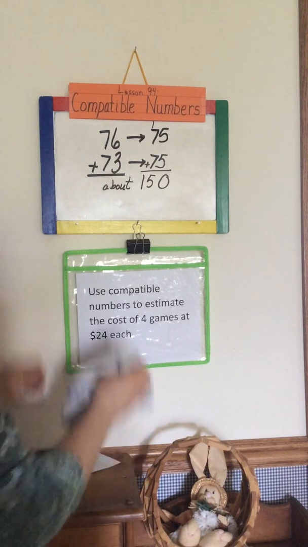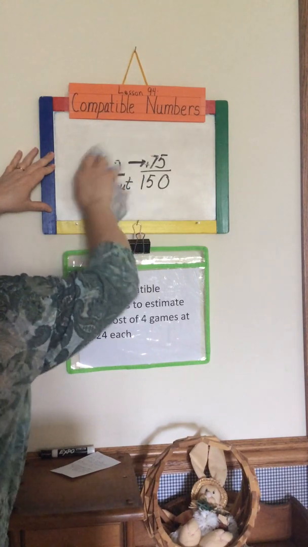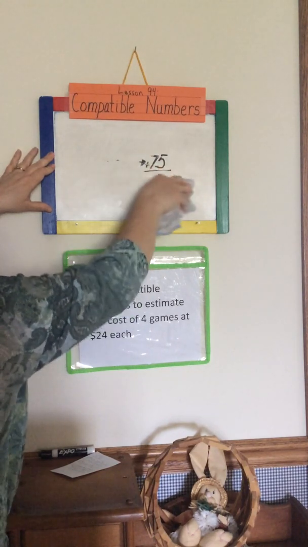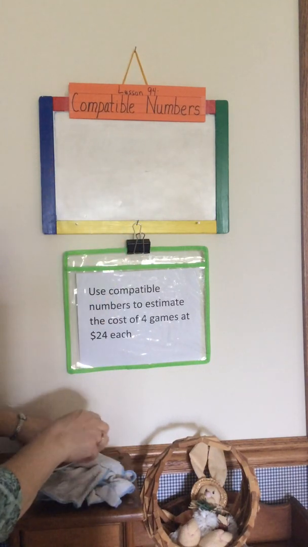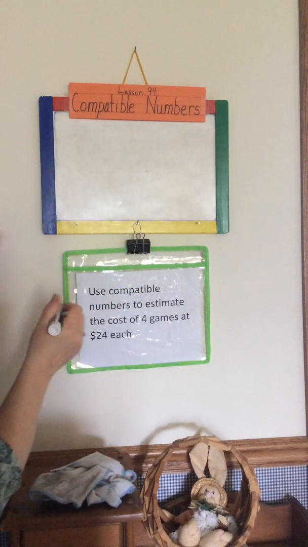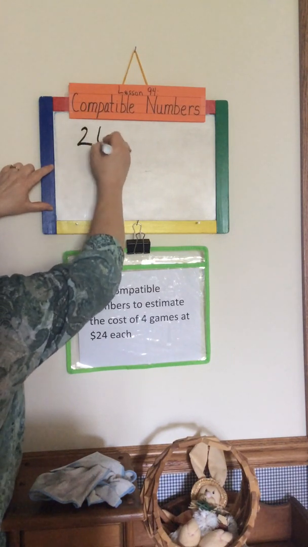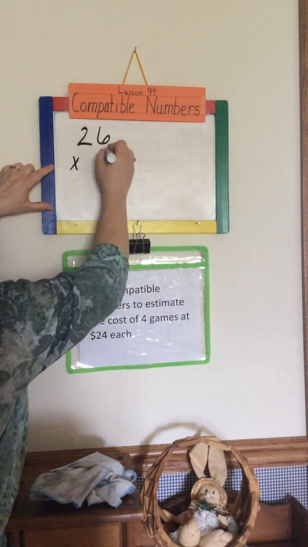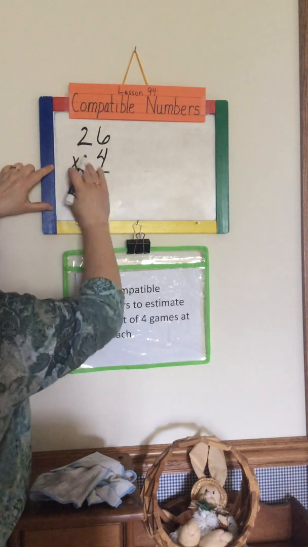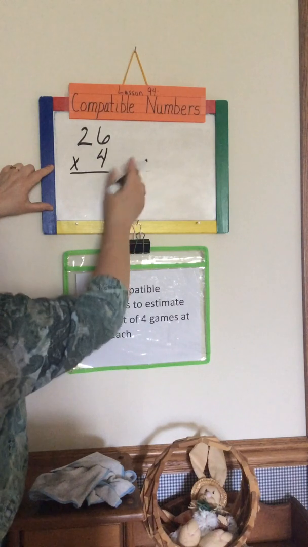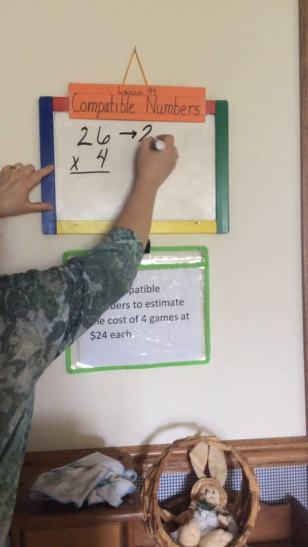And we're going to do quite a few today because this is just a little bit more difficult than rounding to the closest zero. So just so that we get a lot of practice in, now we're going to do a multiplication. We're going to do 26 times 4. Now if I multiply that and I change to compatible numbers, I would change 26 to 25.